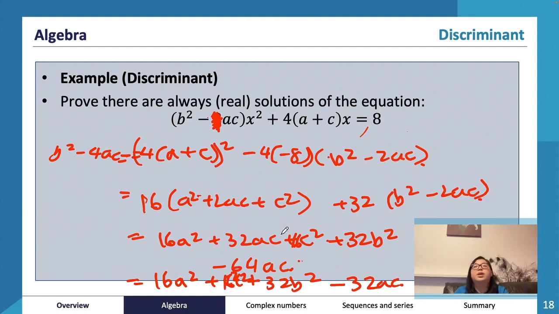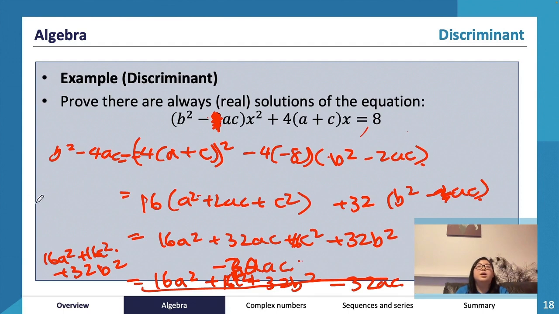But essentially, if we pretended that this was just ac, so that we got 4ac, so we have b squared minus ac, therefore we have 32ac, and if we write that in, we'll have 16a squared plus 16c squared plus 32b squared, right? And any number squared is bigger than 0, so therefore we will know that this discriminant is always going to be bigger than 0.